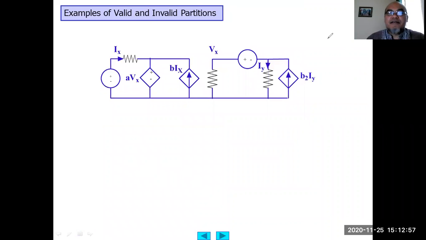Let's have an example here of valid and invalid partitions. In order that we can hide or change some parts of the circuit into an equivalent independent voltage source and resistance, we have to choose carefully which part can be replaced by an equivalent voltage source in series with a resistance in the case of Thevenin's equivalence theorem, or an independent current source in parallel with a resistor, the Norton resistor, in the case of Norton's theorem.